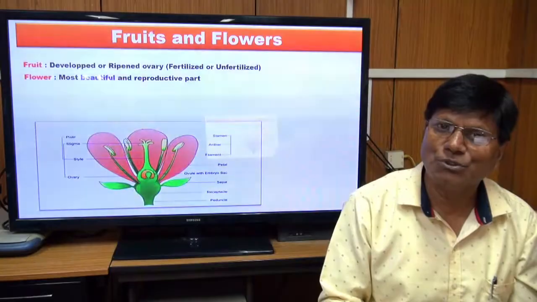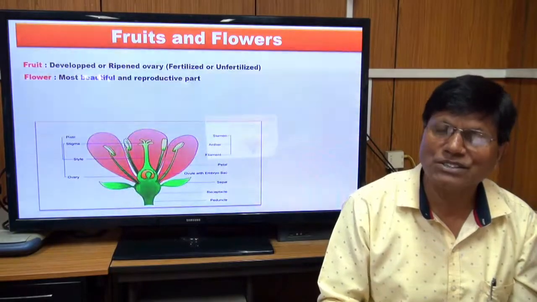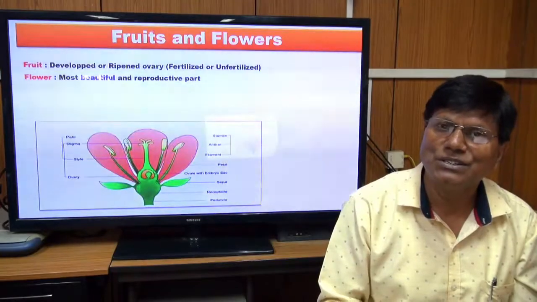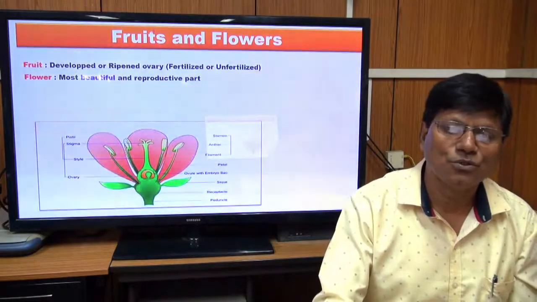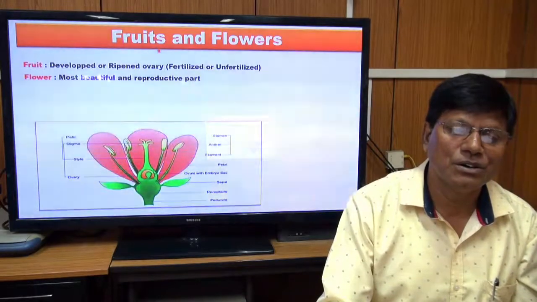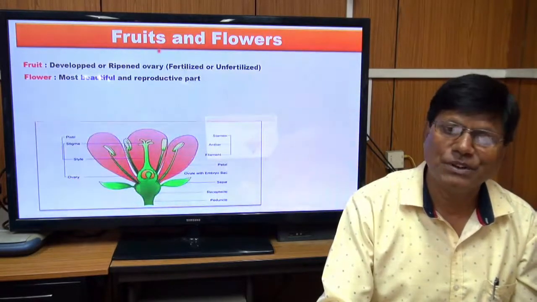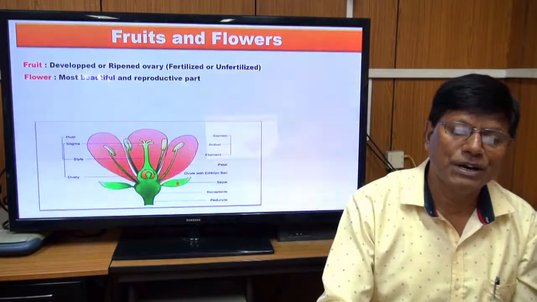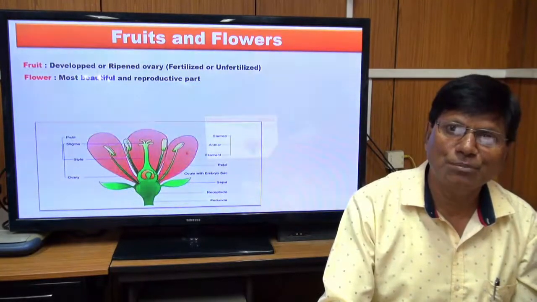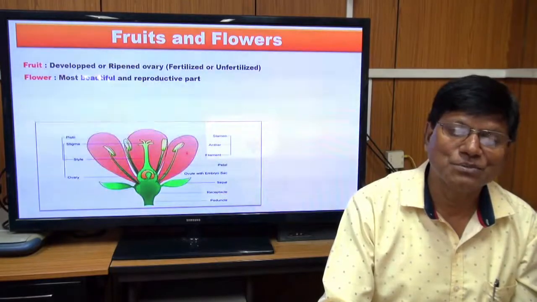Calyx and corolla are protective parts, that is accessory parts, and androecium and gynoecium are essential parts, that is reproductive parts. As you are observing in the figure, it is very clear. Green part is calyx, colorful and delicate attractive part is corolla.